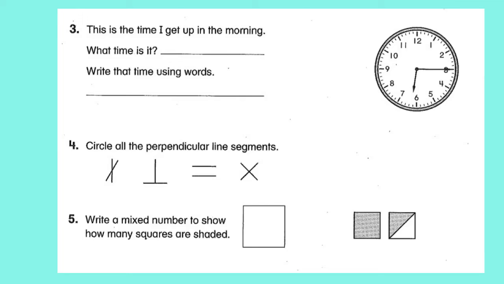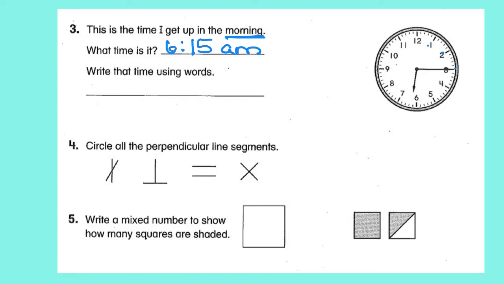Number 3 says, this is the time I get up in the morning. What time is it? Let's look at the clock. The short hand is after the 6, and the long hand is on the 3. So we can say that the time is 6, 5, 10, 15, 6:15 a.m. because we know that it's in the morning.